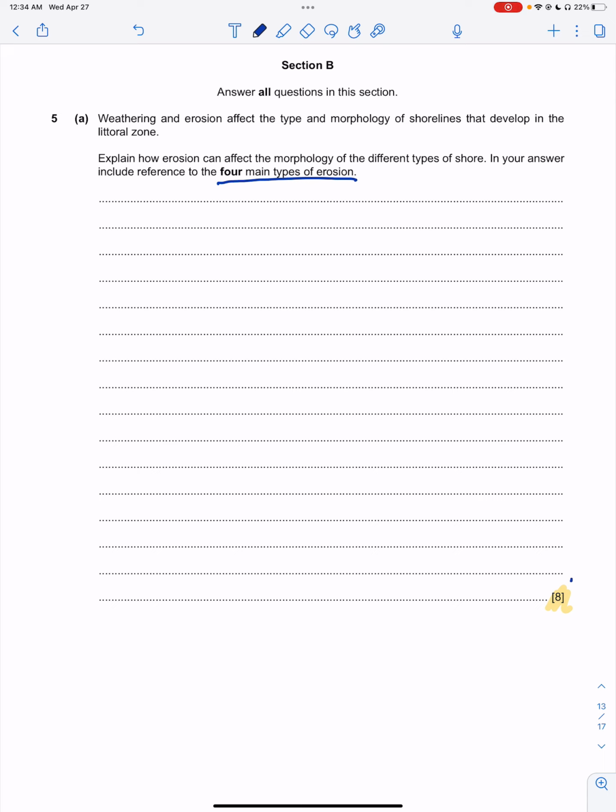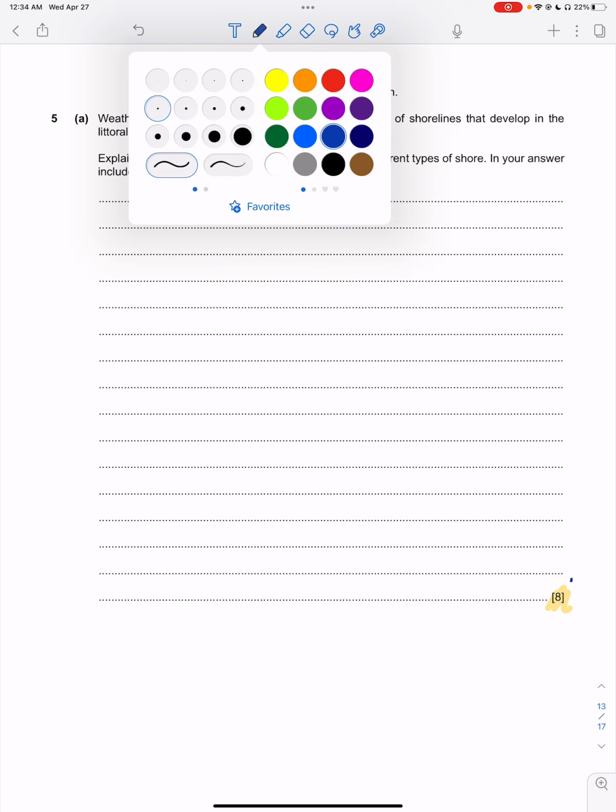Not that I approve this question by any means. 8 marks, I don't know. How many different people had to critique this test? Who vetted this? Who was like, that's a great question? That'll do it. It's no.